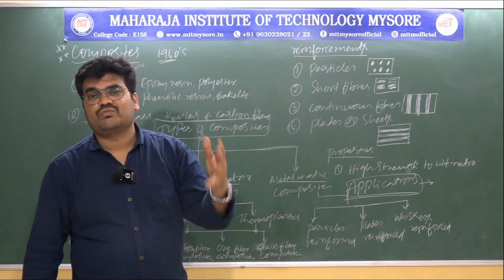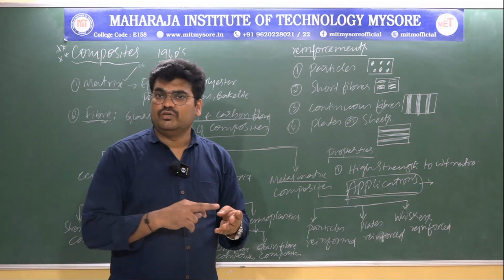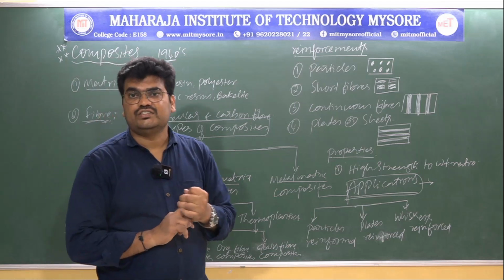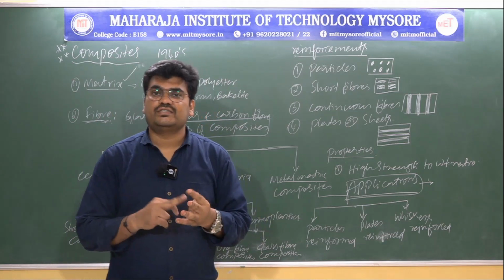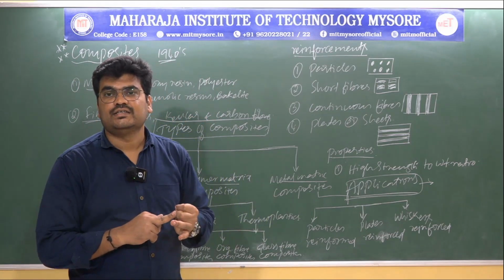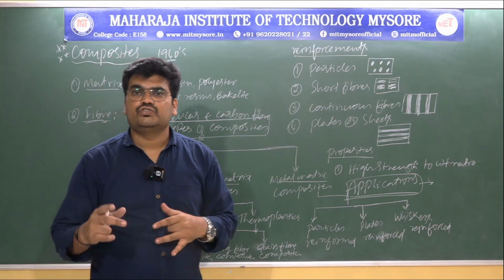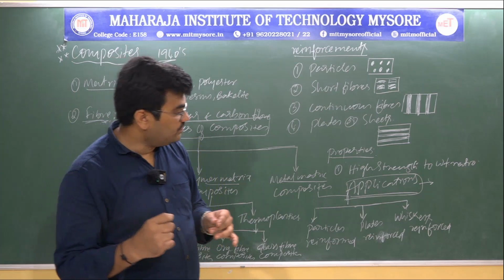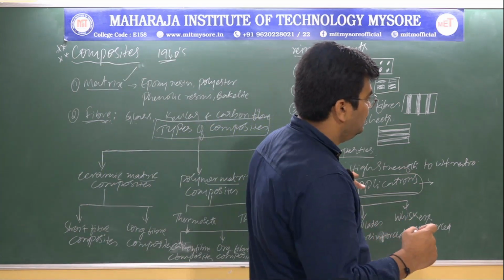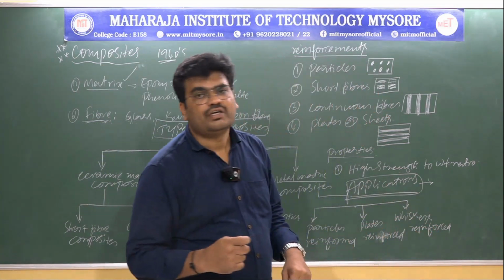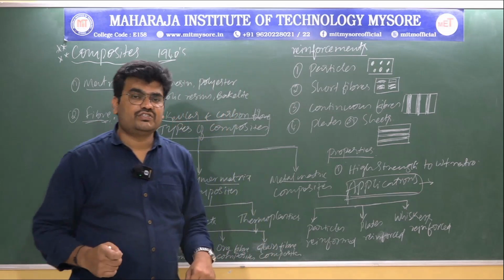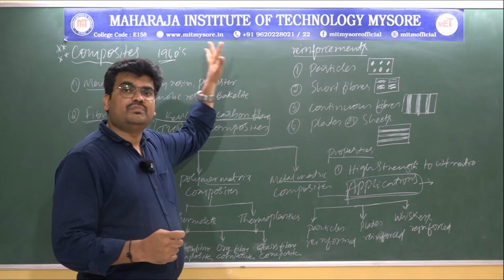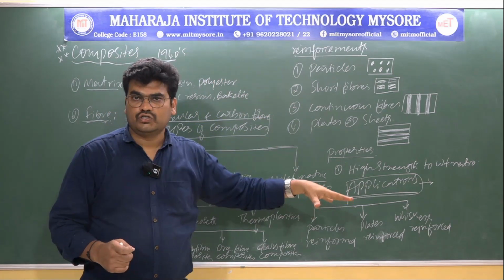They can be used in thermal engines and blades, in automobiles and aerospace industries, in the manufacture of rockets, missiles and satellites. They are also used in electronics, in packaging, in biomedical applications, and in military applications.